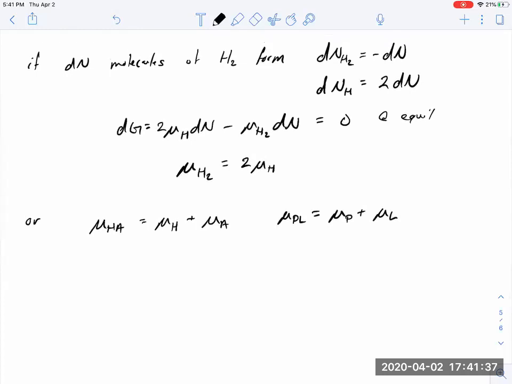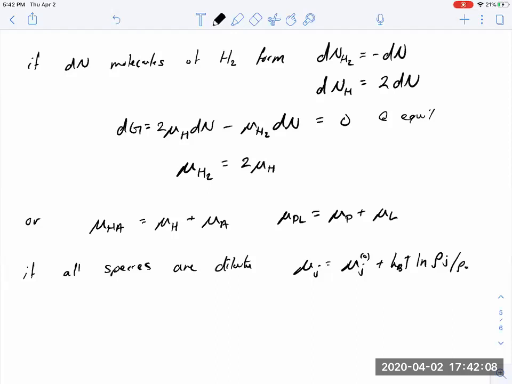For all of those cases, if all species are dilute, then we know that the chemical potentials of each species take on this specific form of a sum of some reference standard state chemical potential plus kBT log the density of that species over some reference density, which means with the constraint of equilibrium, we can actually work out what the concentrations of those reactants and products are relative to each other.